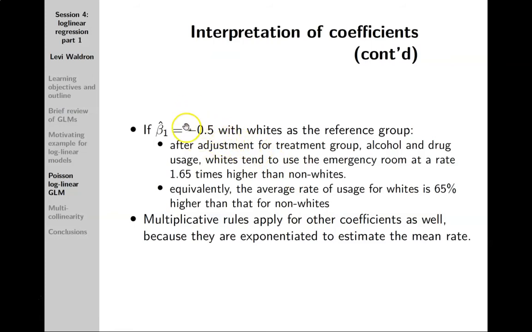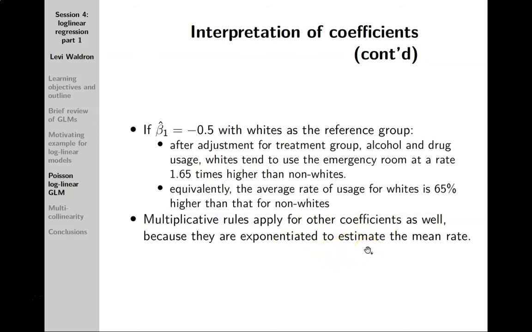If this were positive, then that would mean that the alternative group, non-whites, was using the emergency room at a higher rate. Or equivalently, the average rate of usage for whites is 65% higher than that for non-whites. So it's this multiplicative interpretation of the coefficients. And these multiplicative rules apply for other coefficients as well, such as for continuous predictors, because they're exponentiated to estimate the mean rate.